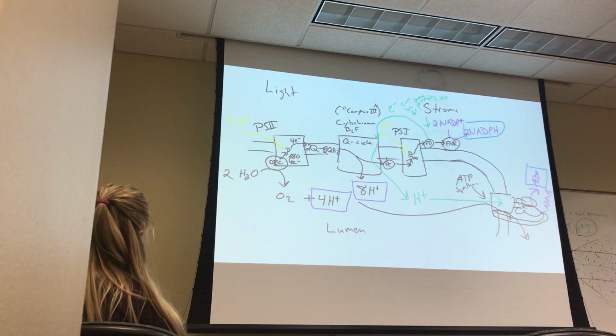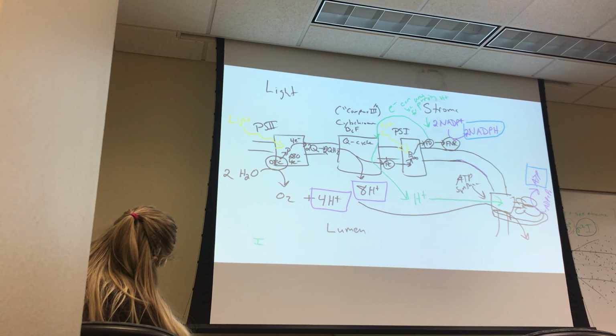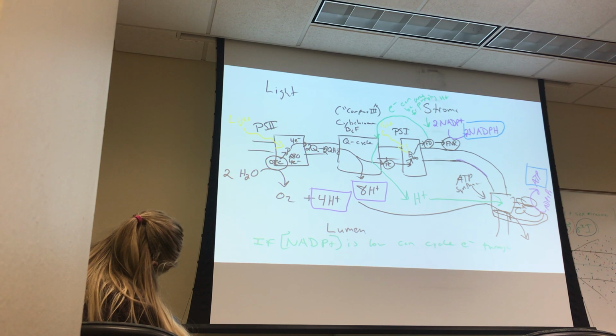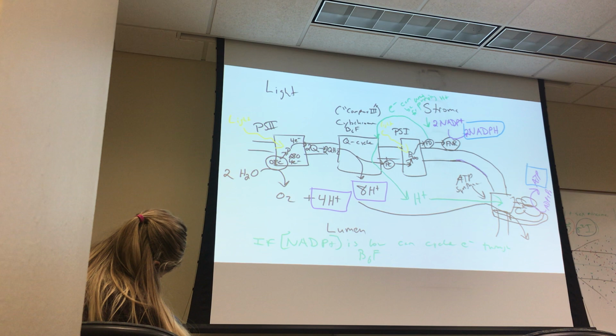So what I'm showing here is if NADP plus concentration is low, we can cycle electrons through B6F and pump protons to synthesize ATP.